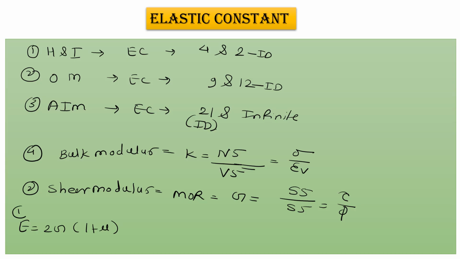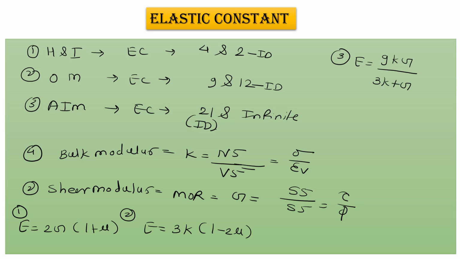This is the first formula. Then the second formula is E equals 3K times (1 minus 2 mu). Then the third formula is E equals 9KG divided by (3K plus G).